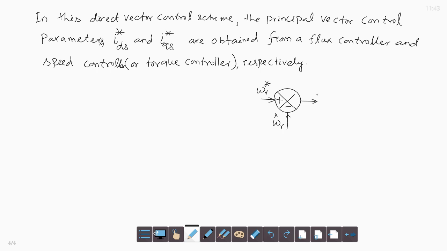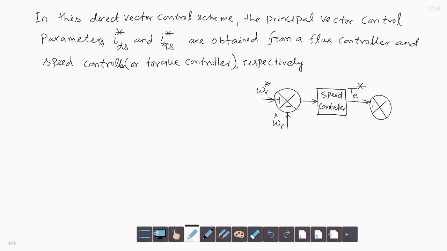Then you have a speed controller output can be IQ star, command value of the torque component of the current, as I have shown in the previous figure, or speed controller output is the command value of the torque Te star.